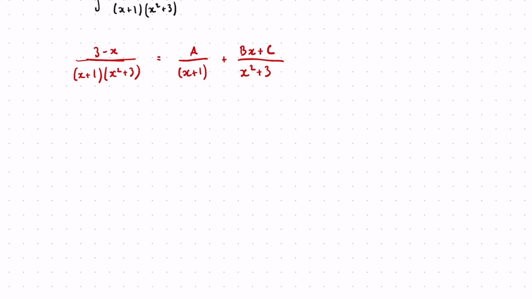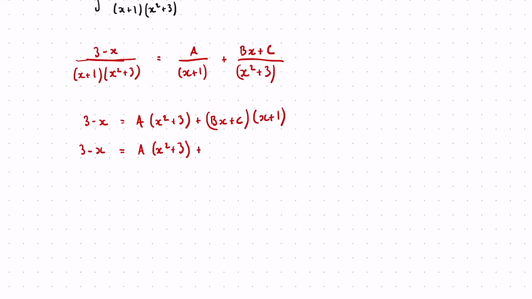Multiplying through to get 3 minus x is equal to A(x squared plus 3) plus (Bx plus C) times (x plus 1), which becomes 3 minus x equals A(x squared plus 3) plus Bx times (x plus 1) plus C times (x plus 1).